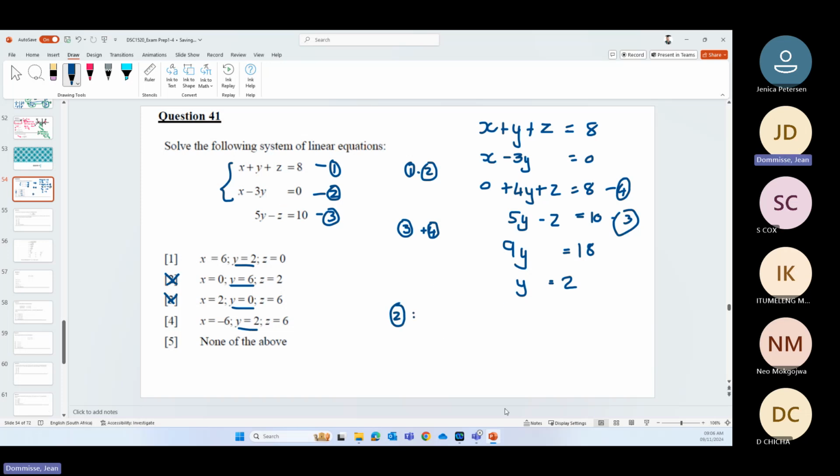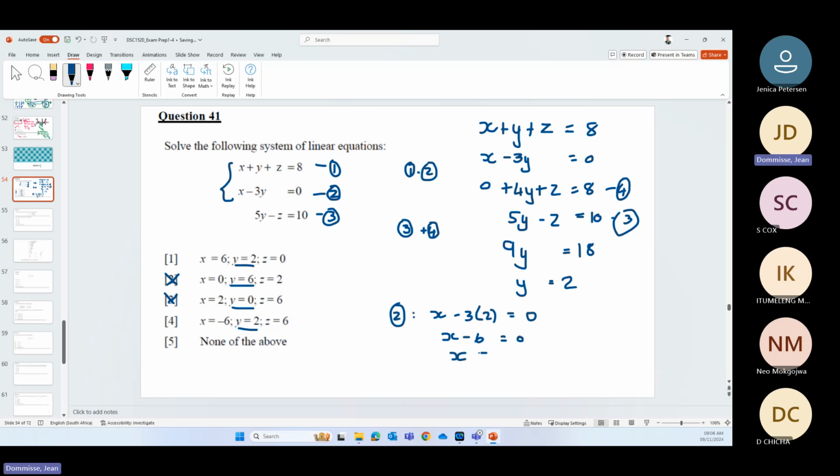So let's put in y there. So x minus 3 times 2 is equal to 0. So there, let's just see, x minus 3 times the 2 in there, x minus 6 is equal to 0.